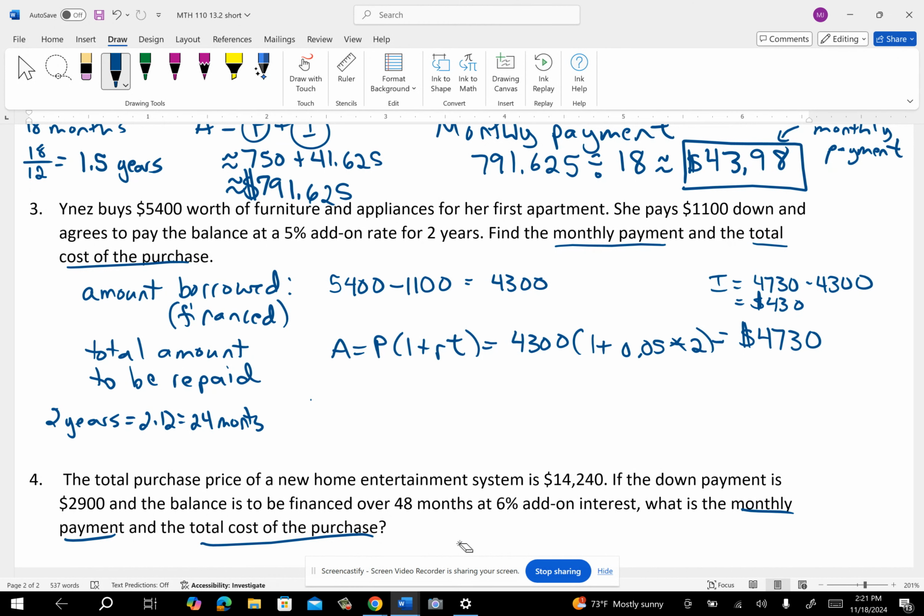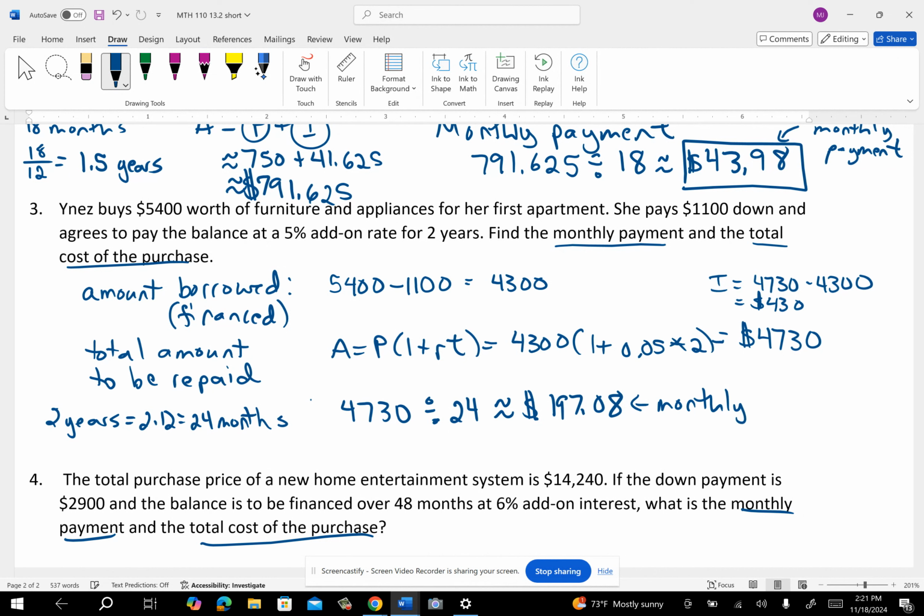You need the number of months, because you're taking that $4,730 and cutting it into 24 equal payments, and those turn out to be about $197.08 per month.